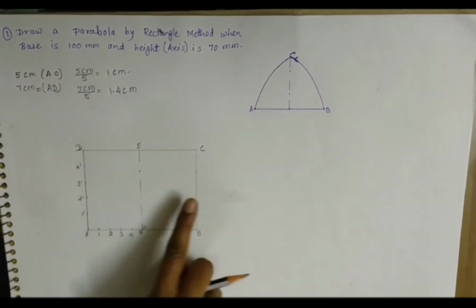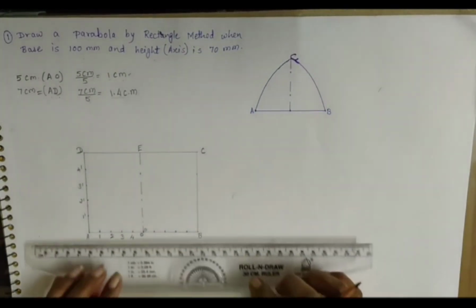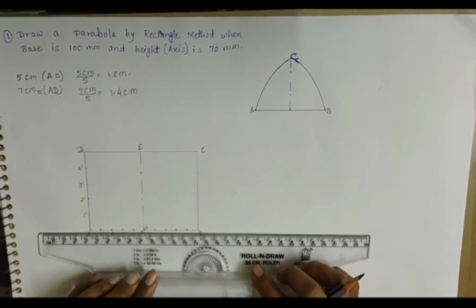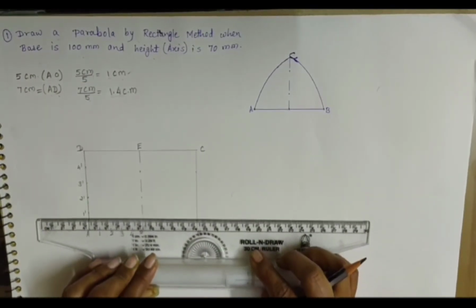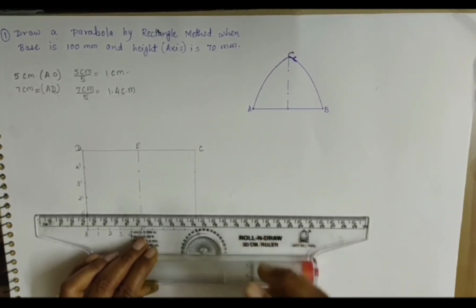In the similar way, the BC line will be divided also into 5 equal parts. For that, what we will do? We will use the roller scale simply and shift these points, or we can also use scale or divider.